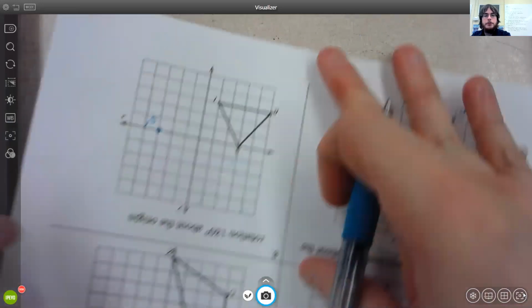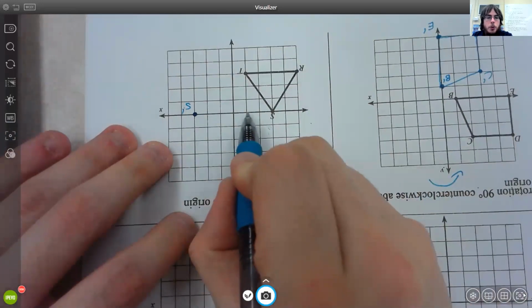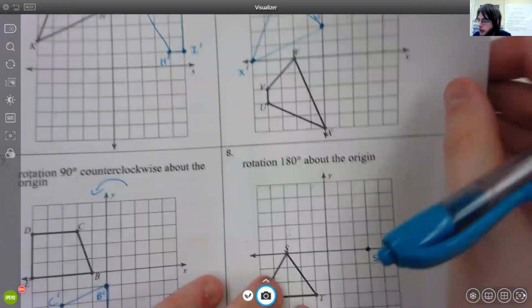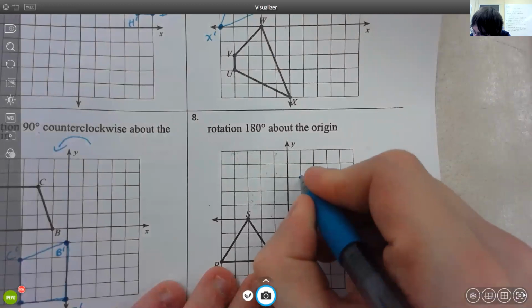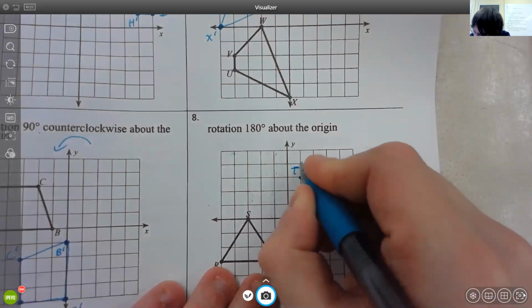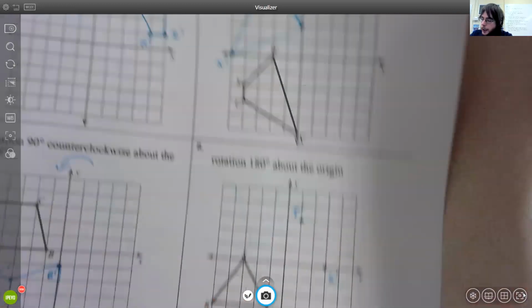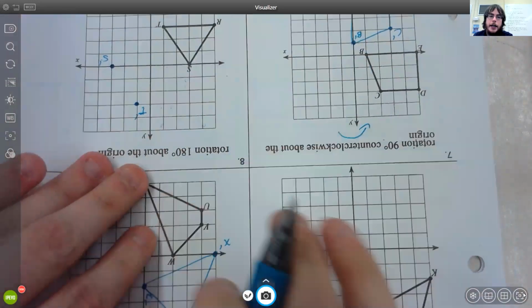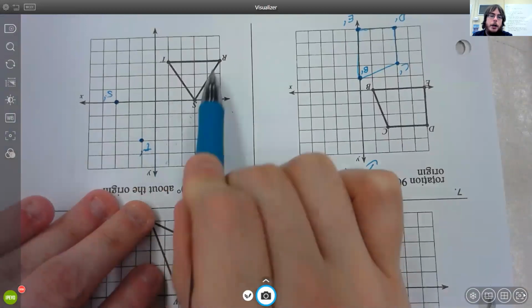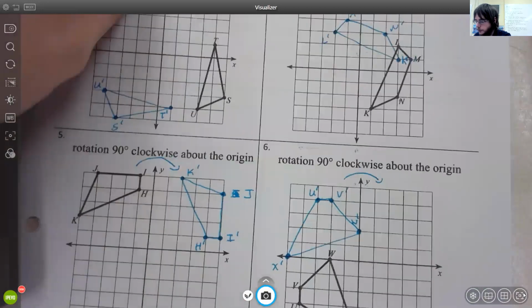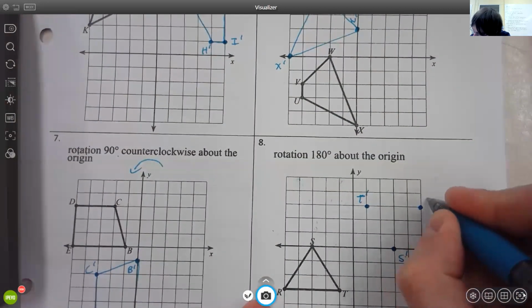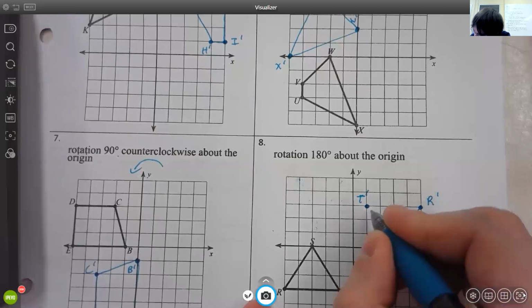T prime, you go right 1, up 3. So right 1, up 3. And finally, R prime, you have to go right 5 and up 3. So 5, 3 for R prime. And then you just connect your sides.